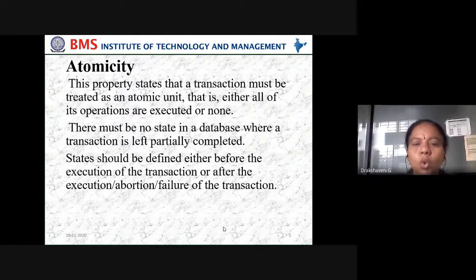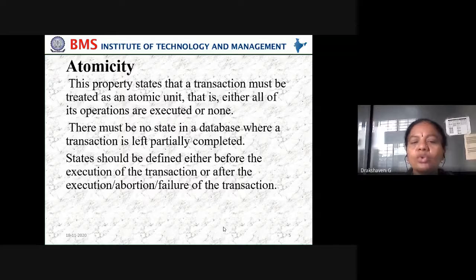There must be no state in a database where a transaction is left partially completed. What does this second statement say to us?